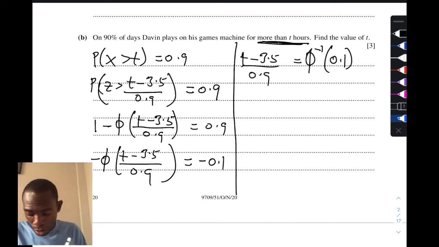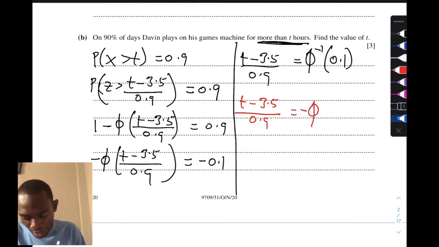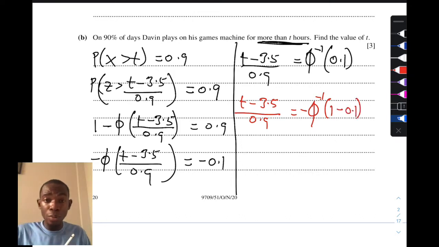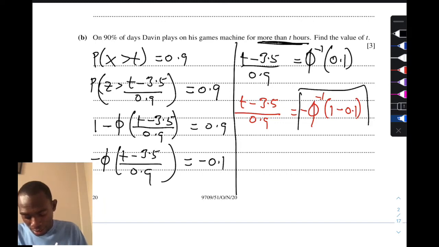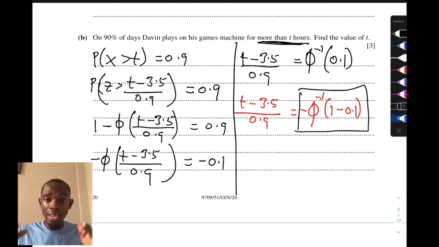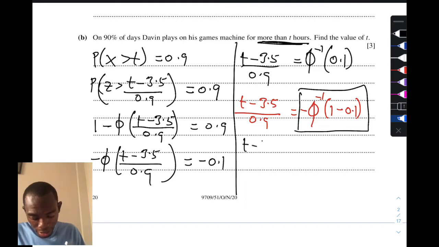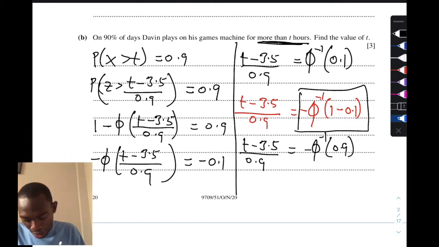So that means that t minus 3.5 over 0.9 is equal to negative phi to the negative 1 of 1 minus 0.1. This is really important. When you cannot read it from there, make sure that you use this identity. Negative phi to negative 1 into brackets 1 minus the value that you already had. And that will give you t minus 3.5 over 0.9 is equal to negative phi to the negative 1 of 0.9.